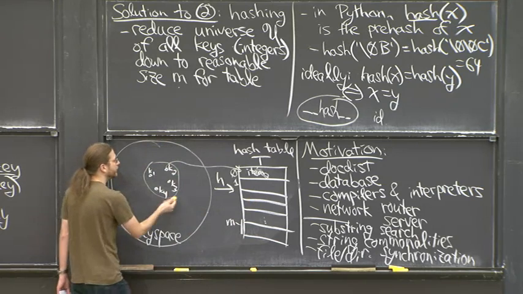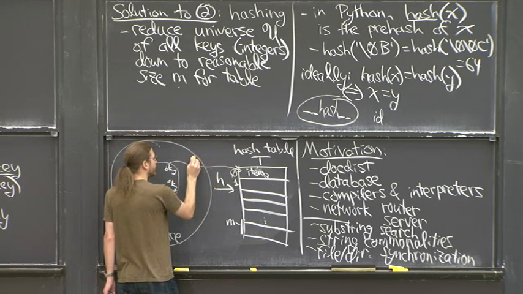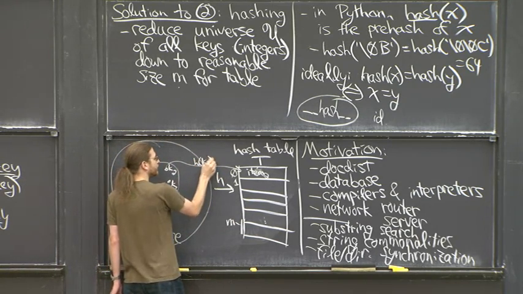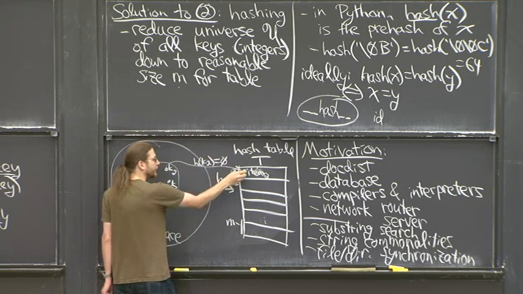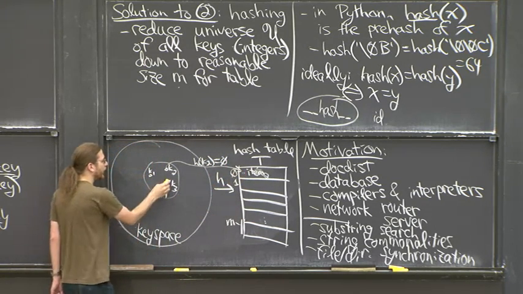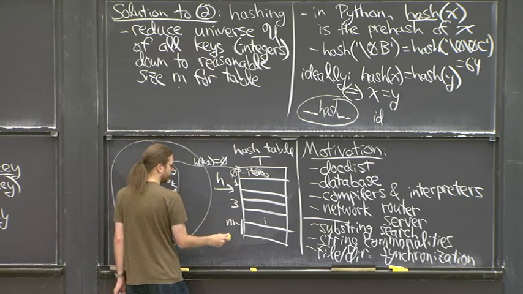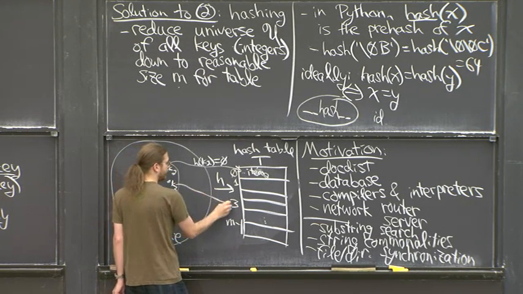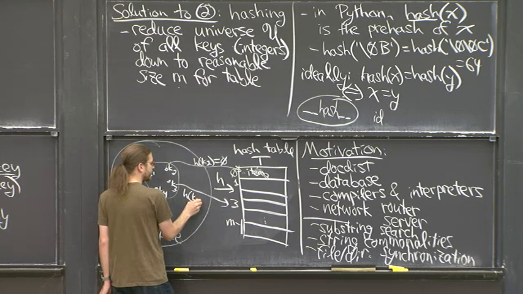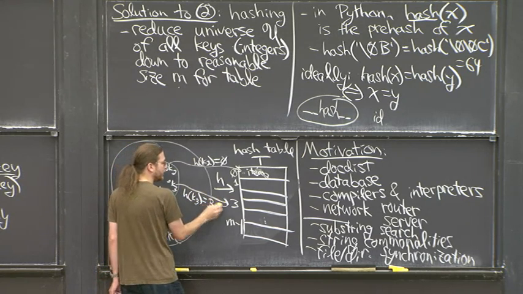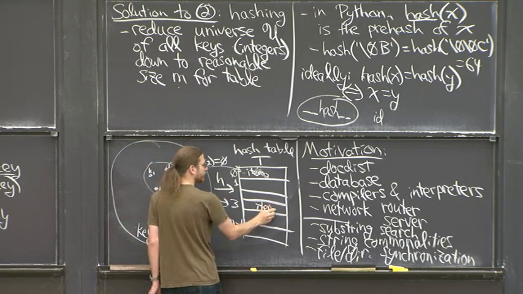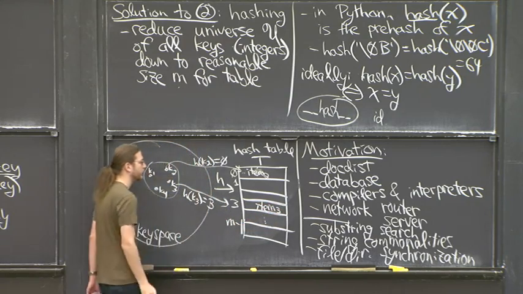In particular, if h of K2 equals 0, then you'd put item 2 there. Item 3, let's say it's at position 3, that would be a bit of a coincidence, but what the hell? Maybe h of K3 equals 3, then you'd put item 3 here. Okay, you get the idea.